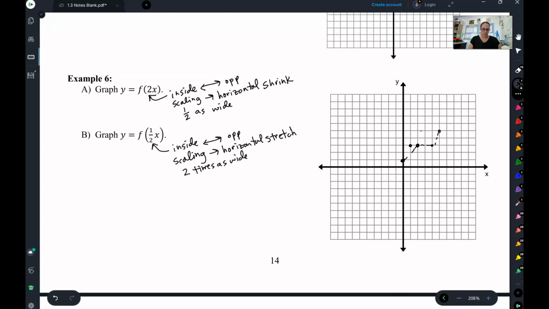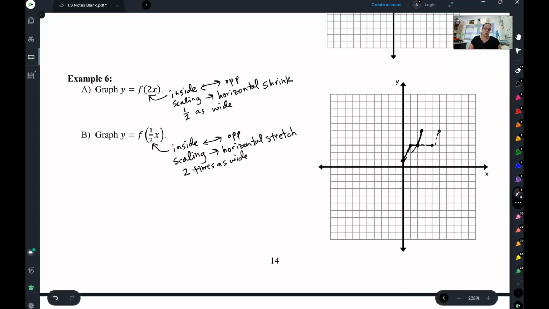So 1, 2.5. Notice that the height, the y coordinate, doesn't change. All you're doing is bringing the points closer to the y-axis. You're changing how wide they are. So there's my graph. And you can see that that graph is half as wide as the original.